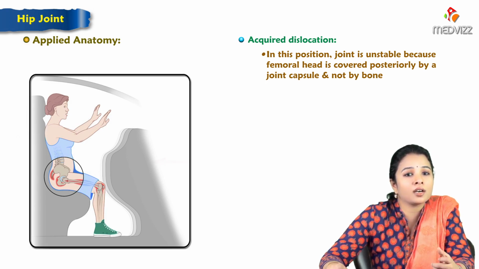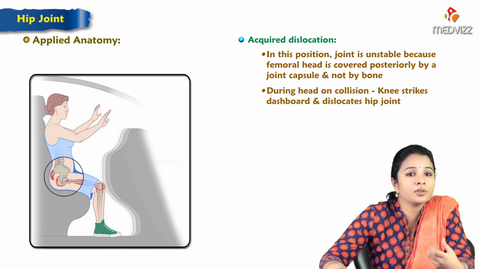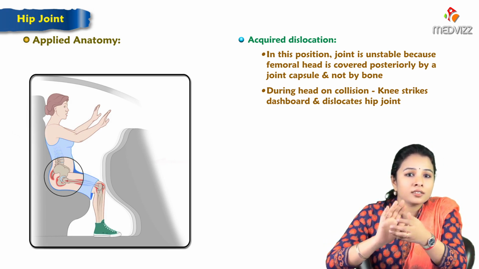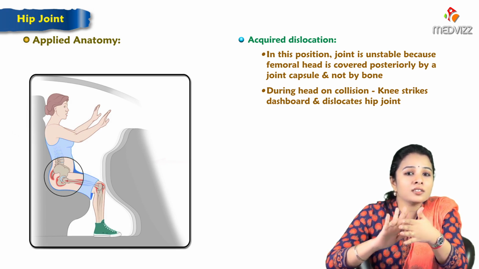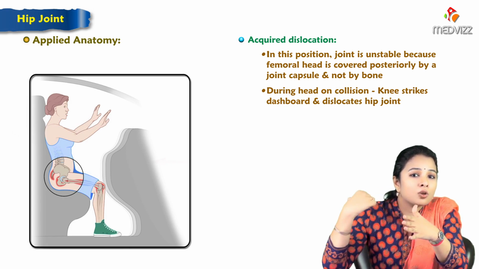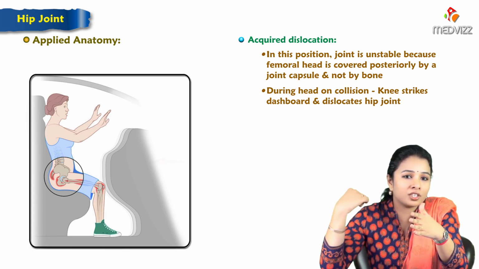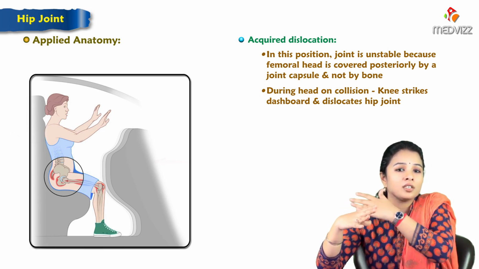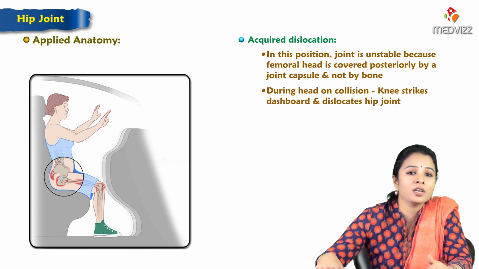So that is unsafer position, and during head on collision, the knee strikes the dashboard. So if there is a car accident, that is dashboard injuries, the knee strikes the dashboard and dislocates the hip joint posteriorly. So the knee as it goes, we see the posterior dislocation of the hip joint.